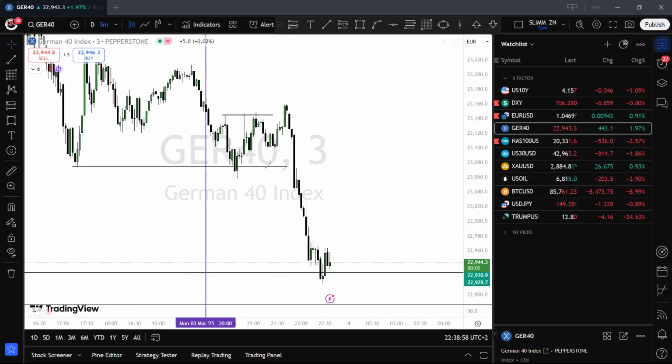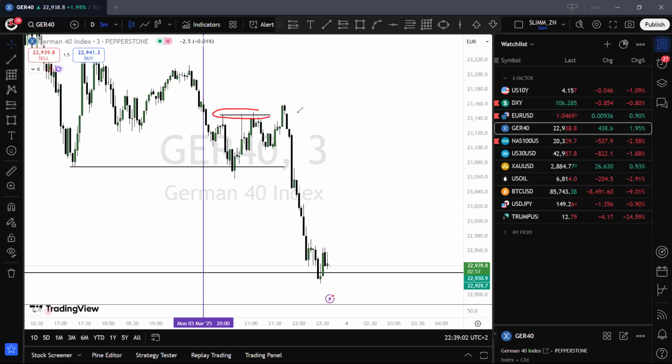So if you're in a selling bias, you're looking for price to actually take out liquidity to the top side, which is exactly what happened here. First order block broken here, second order block broken here. This would have been a nice place to actually sell, targeting the next level here. I'm not sure which level was this, but this also would have been a perfect sell right there.